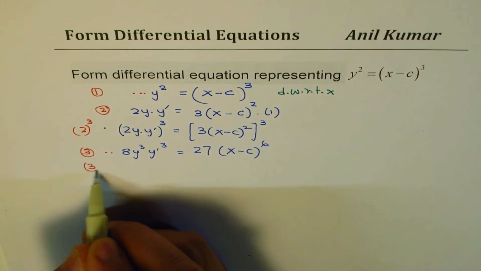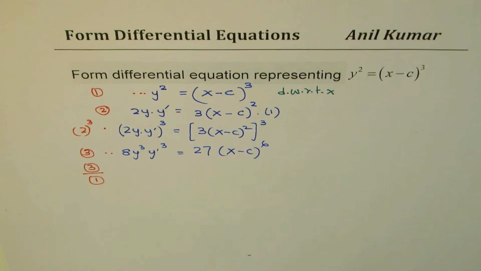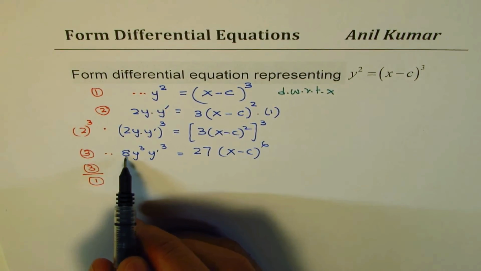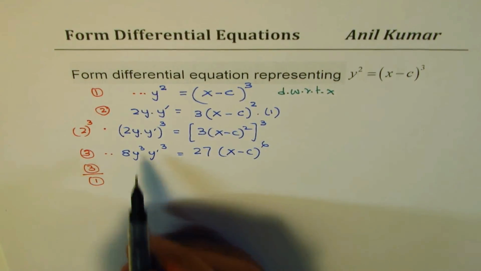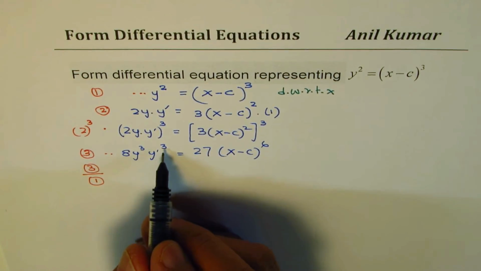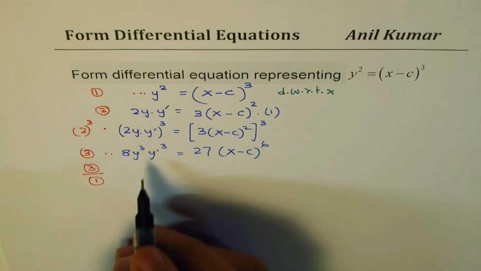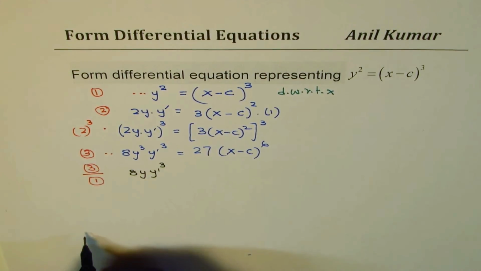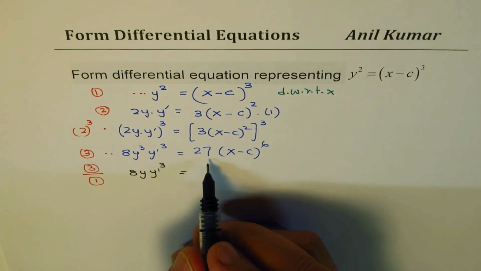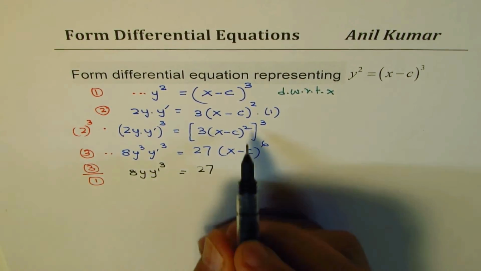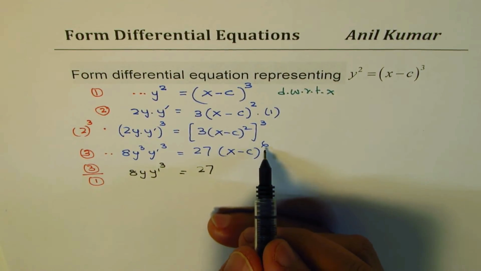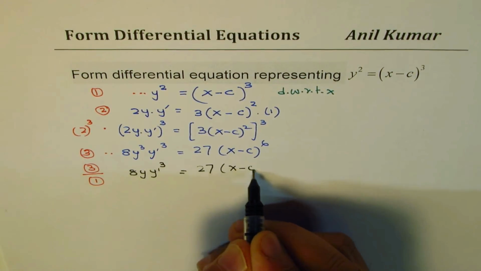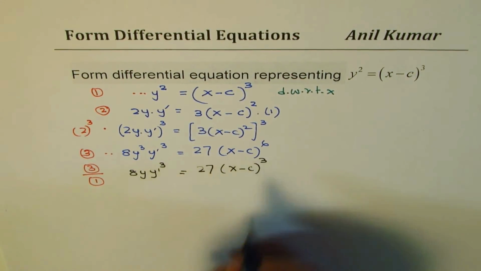So if I do now equation 3 divided by equation 1, what do I get? So I'm dividing these two. So we have 8y cube over y dash square. So if I divide by y square, I get 8y y prime cube, correct? On the other hand, I have 27, the number, and x minus c to the power of 6 divided by that term will give us x minus c. 6 minus 3 is 3.